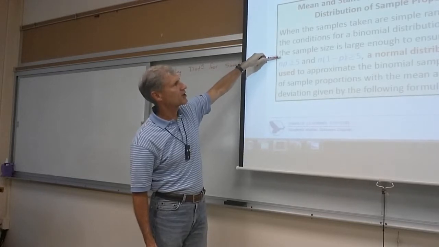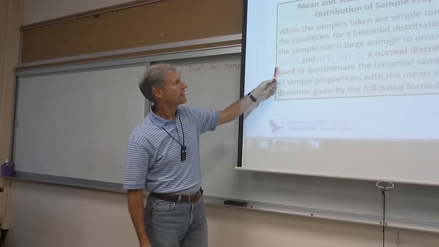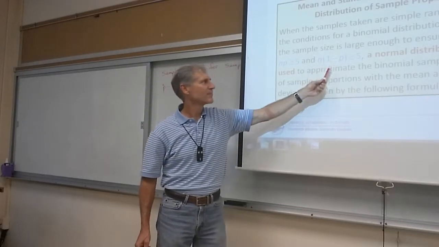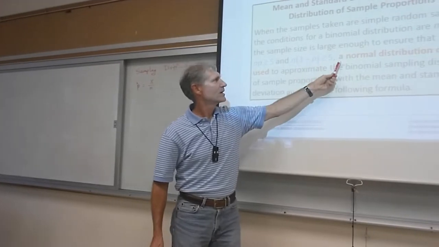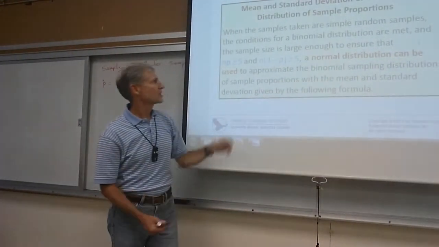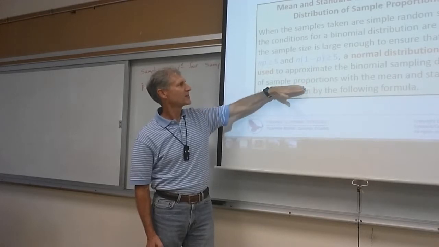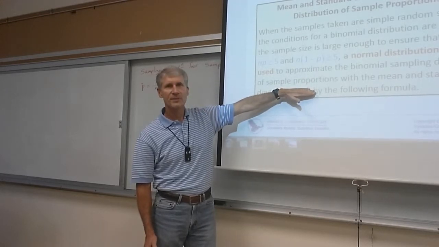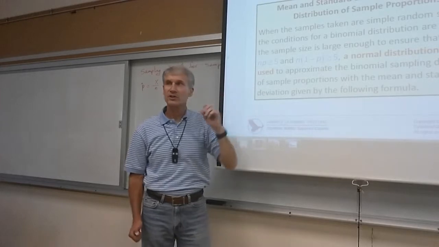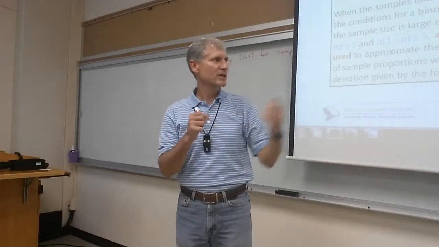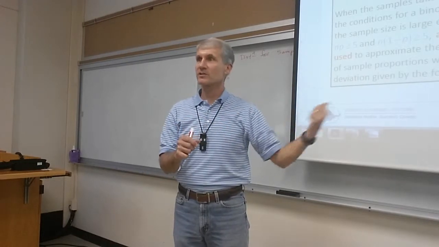The sample size is large enough to ensure that this ugly thing, I'll come back to that. If this is true, a normal distribution can be used to approximate the binomial sampling distribution of sample proportions. Okay, there's the shape part of the central limit theorem. We talked about the mean, we talked about the standard error, and what does it tell us the shape is?